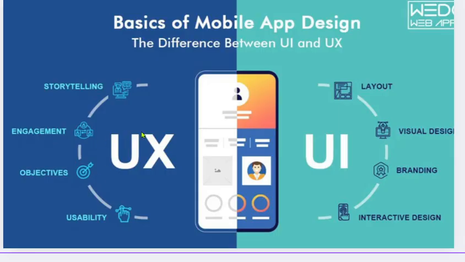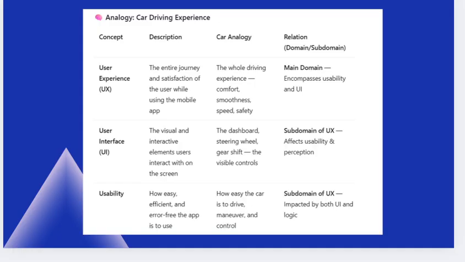If you look at this diagram, user experience involves elements like storytelling, engagement, and the objectives of the app itself, and we are talking about usability now. So usability is somewhere on the UX side. Whereas in the user interface, we have the layout, the visual design, the branding, and the interactive design. Those are in the UI.